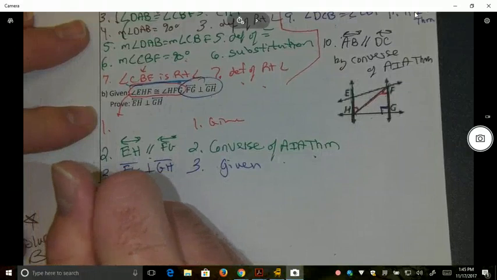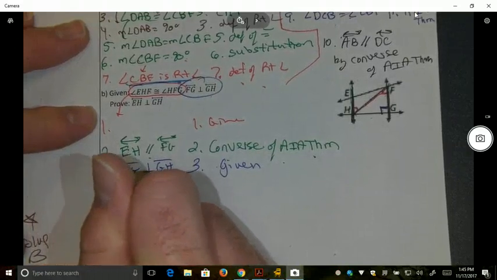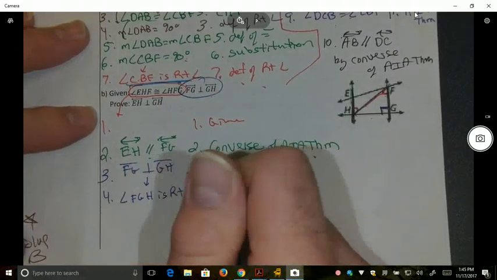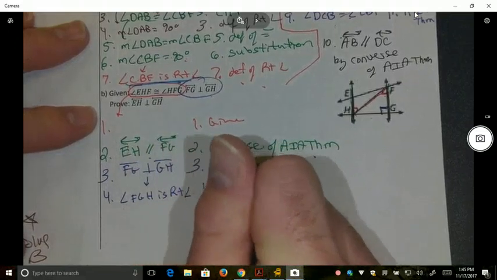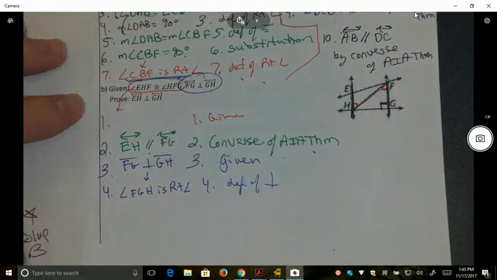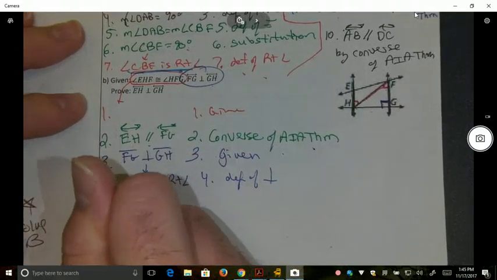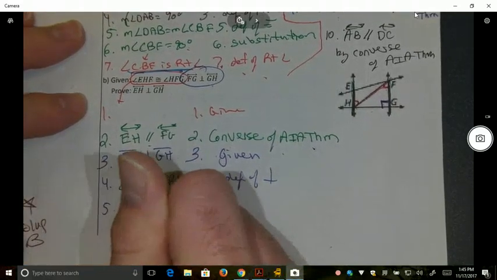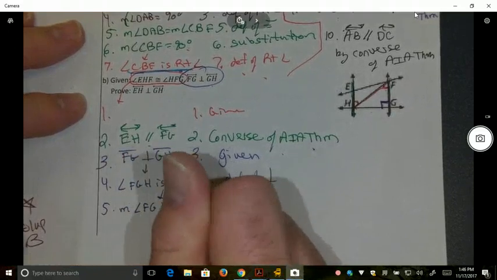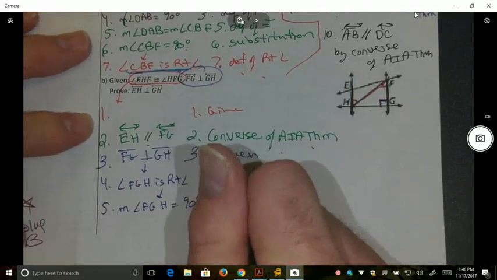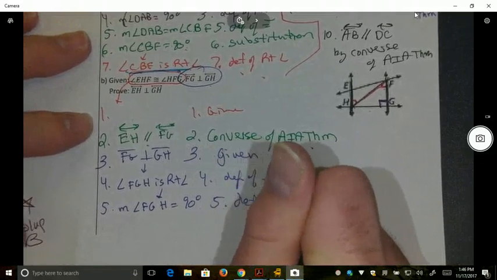That means that angle FGH is a right angle by definition of perpendicular. What does that mean? Right, since it's a right angle, that means that the measure of angle FGH is 90 degrees by definition of right angle.